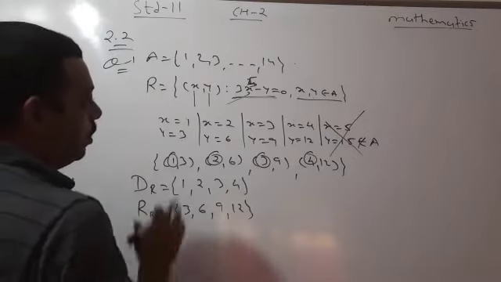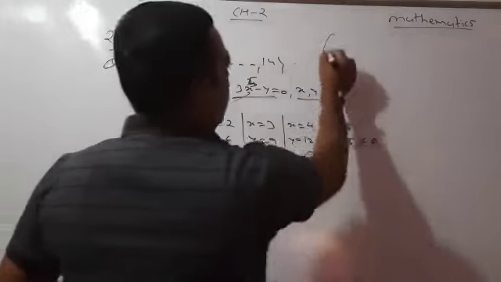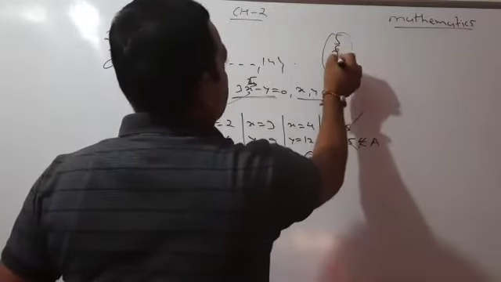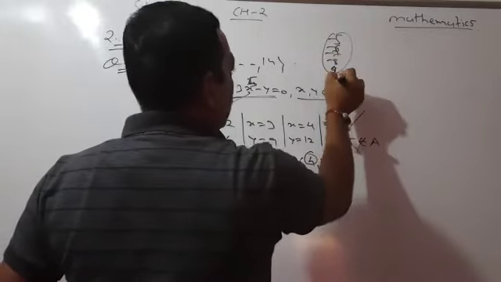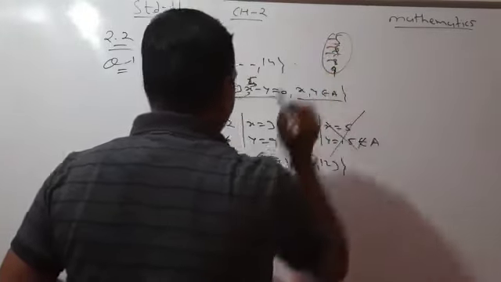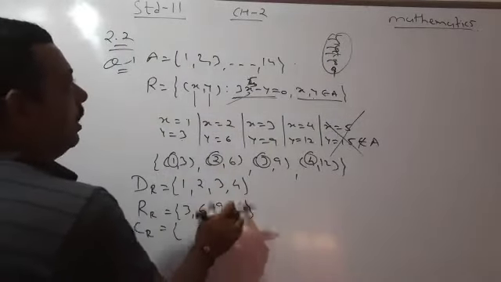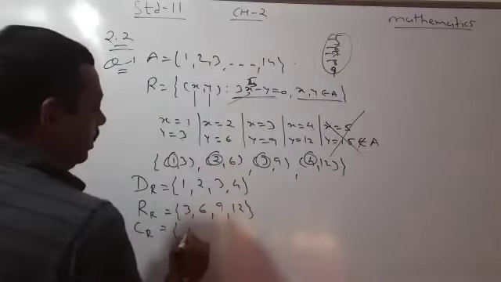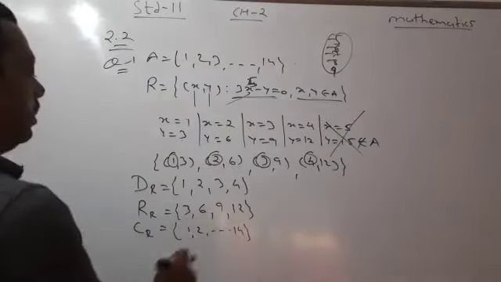Codomain means connected and not connected, all the entries. You might remember that I wrote here 5, 6, 7, 8, 9 and only 5, 6, 7, 8 were connected. But in the case of codomain, I wrote 9 also. Same way here, connected entries are 3, 6, 9, 12. But I have to write all the entries, that is 1, 2 up to 14. Okay. So these are the entries of the codomain.